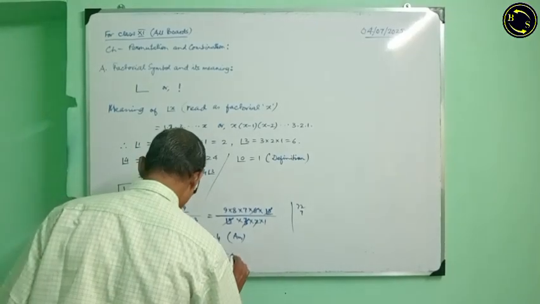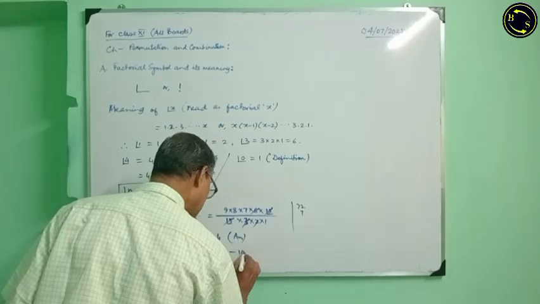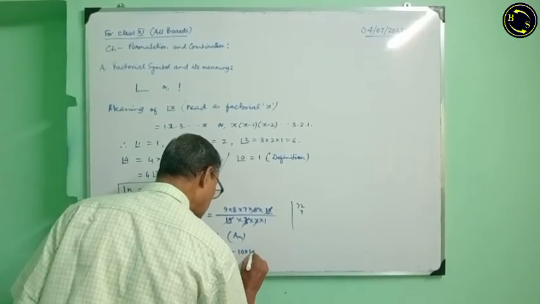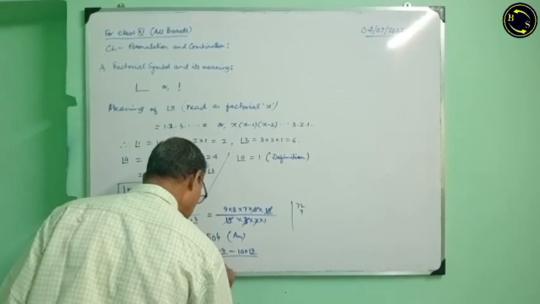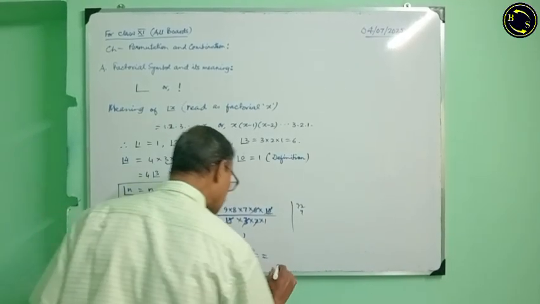Now factorial 10 can be written as 10 into factorial 9, divided by factorial 9. Now factorial 9 is a common factor.